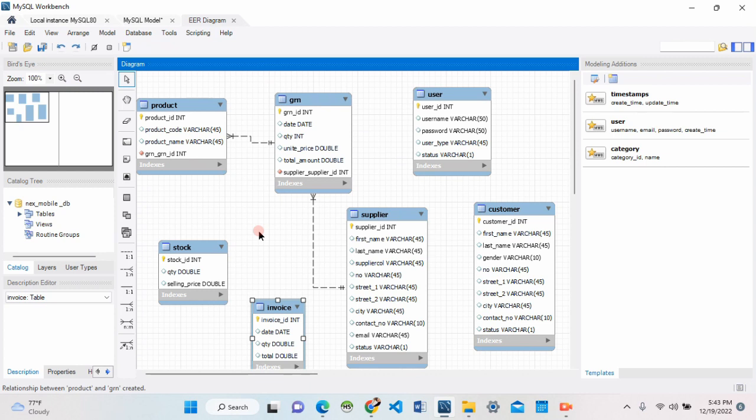If I speak about the relationship here, one stock unit can have many products, and one product is in one stock. So the relationship is one to many, and the many side is the product table, the one side is the stock table. The relationship is marked like this. So now we will see the next question.